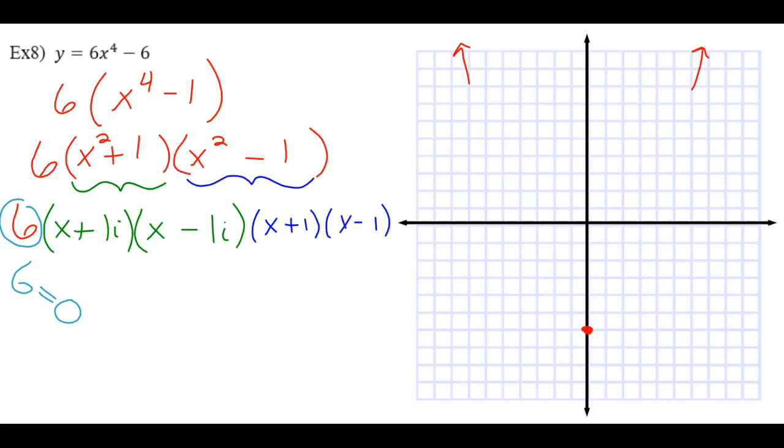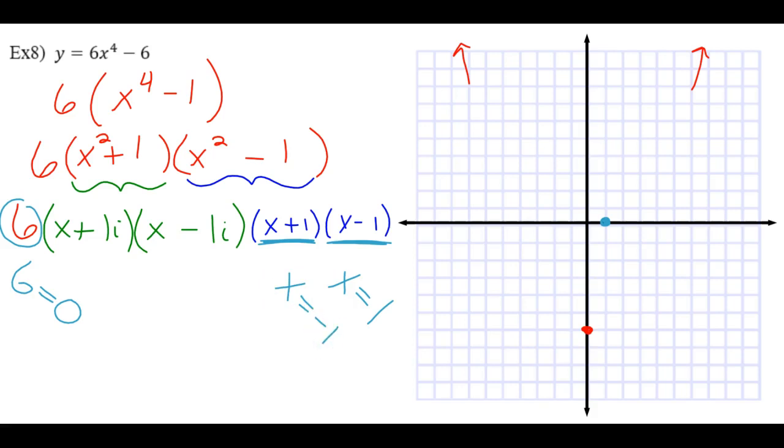So now I'm going to work kind of backwards. If I set this equal to 0, what's my answer? X equals 1. So that's on the x-axis at 1. If I set x plus 1 equal to 0 and solve for x, what do I get? Minus 1.